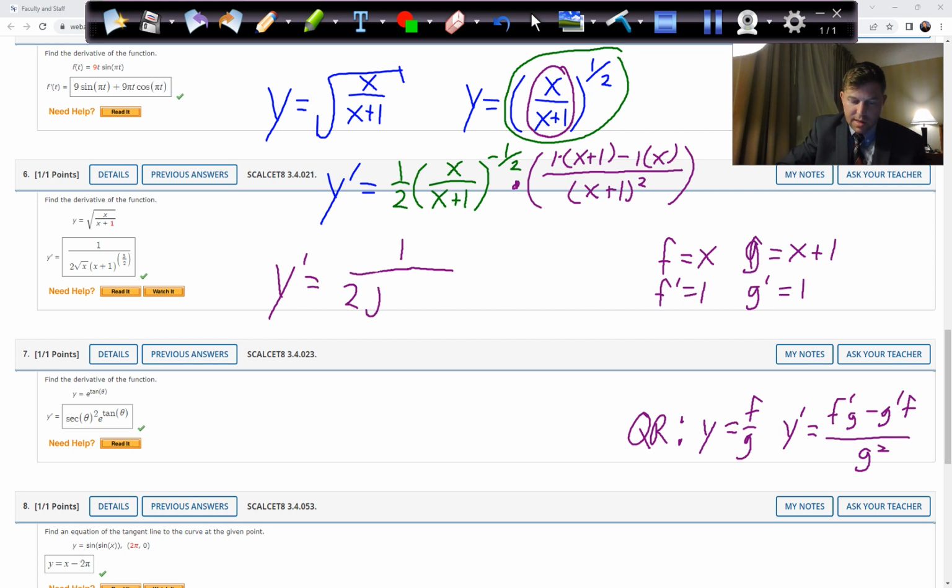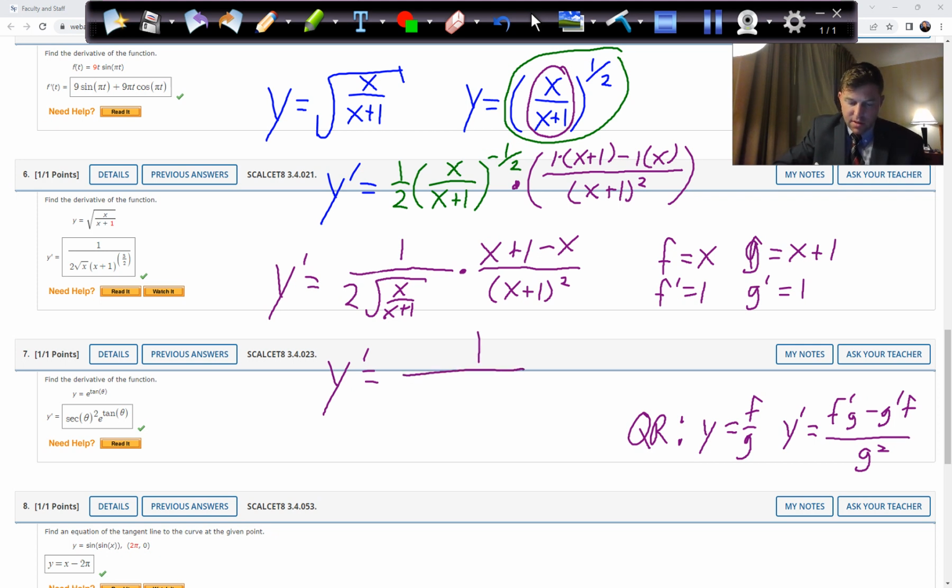This is 2 times the square root of x over x plus 1. Then this is times, this numerator distributing these 1's would be x plus 1 minus x. And that's all over x plus 1 squared. Now these x's are going to cancel, and so we're going to get 1 times 1. So this numerator is all just 1.